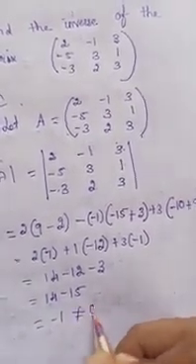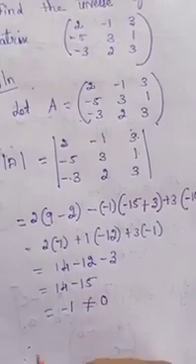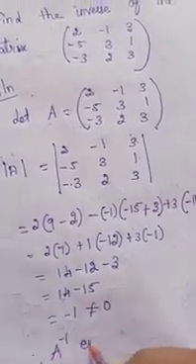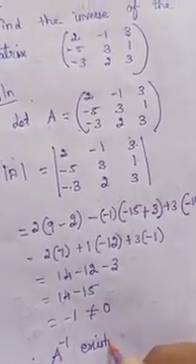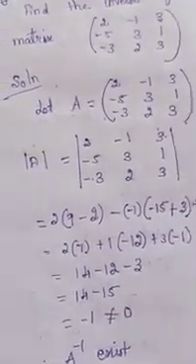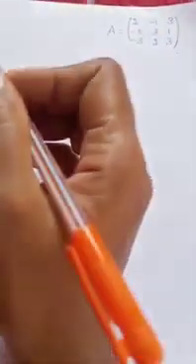This is not equal to 0. Therefore, A inverse exists, so we will be able to find it. We have found determinant A is equal to minus 1. Now shall we write the formula?